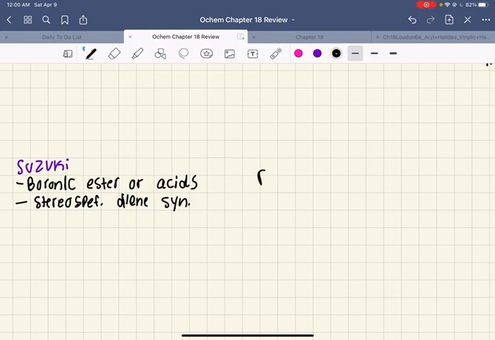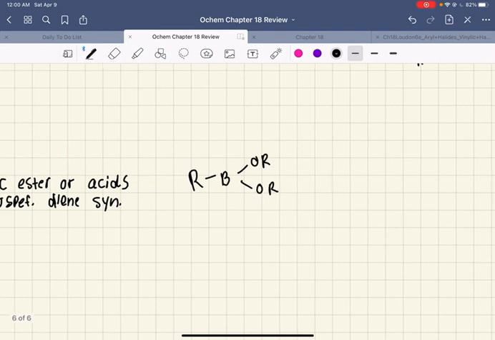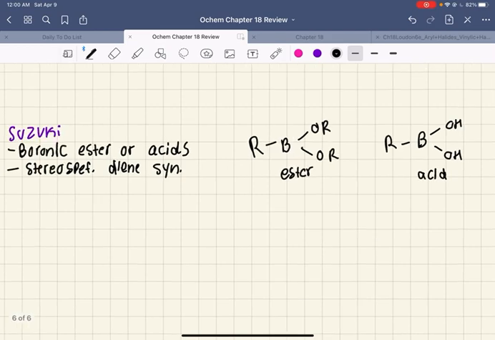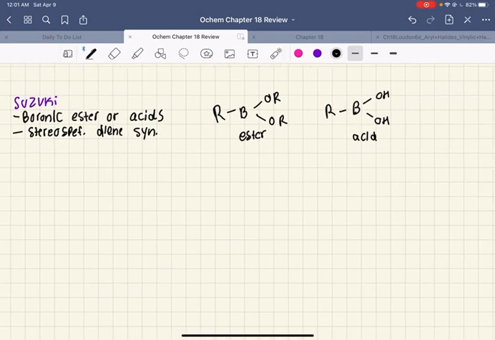Here's an example of a boronic ester, and here's a boronic acid. These are just the most basic examples of what will be used in Suzuki reactions.